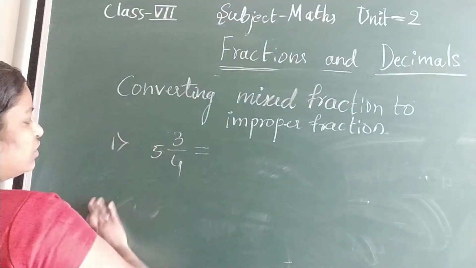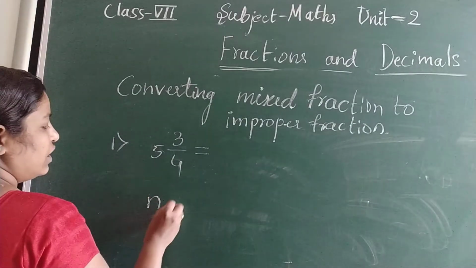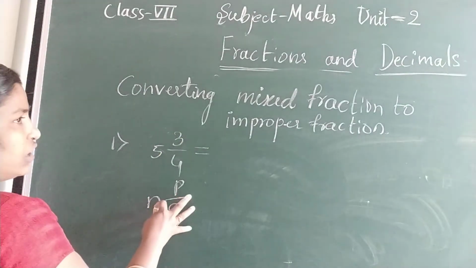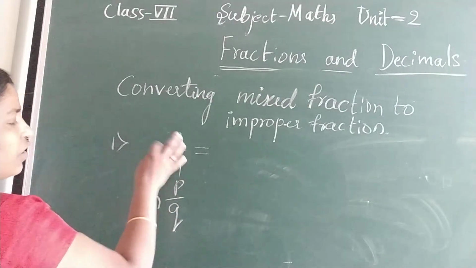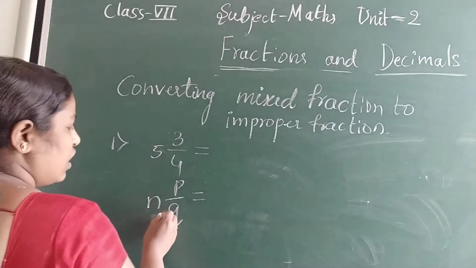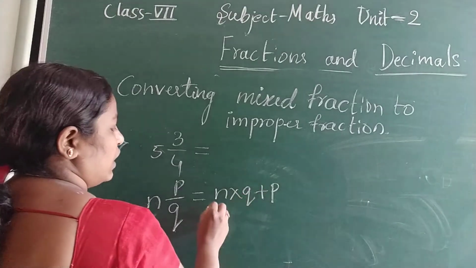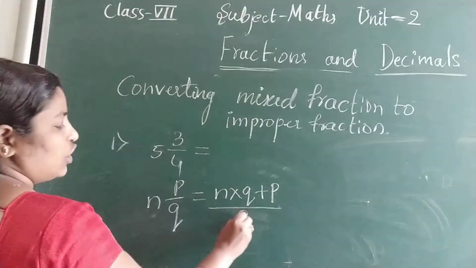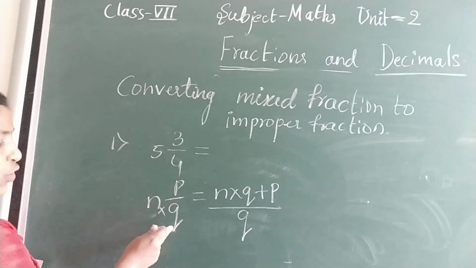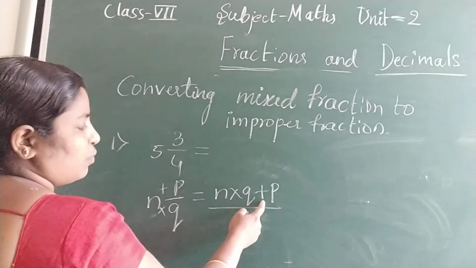How to do this? I will take one general formula for a mixed fraction, N P by Q. To convert this into improper: N into Q plus P, divided by the denominator Q as it is. N into Q, plus the numerator, NQ plus P by the denominator.